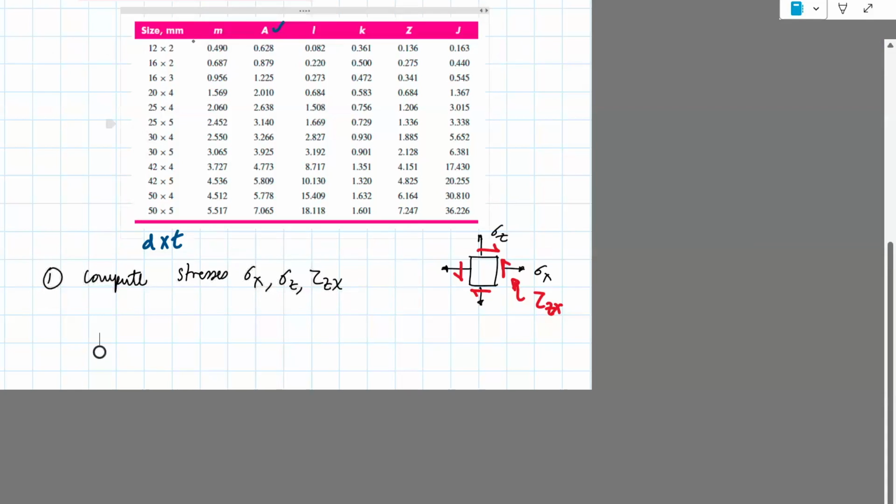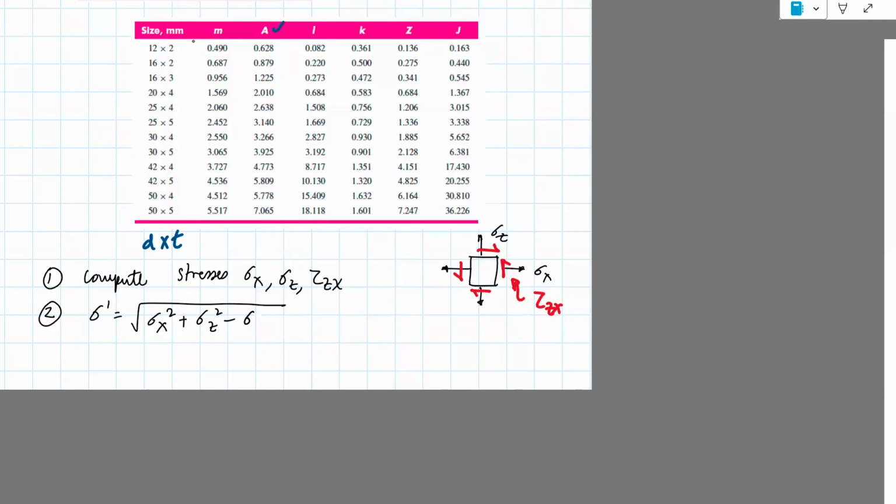Next step is we can compute sigma prime. Here we don't really have to worry too much about principal stresses because you know a formula for sigma prime: sigma x squared plus sigma z squared minus sigma z sigma x plus 3 times tau zx squared. We wrote that formula earlier.